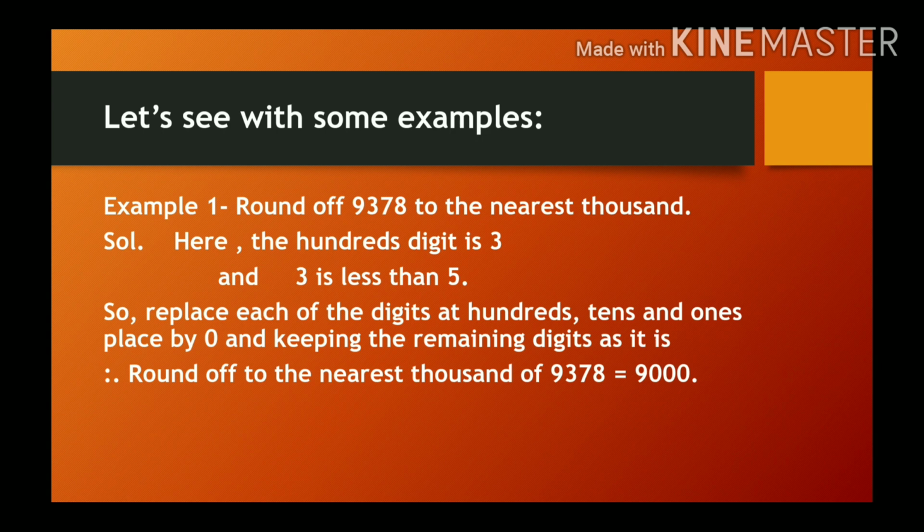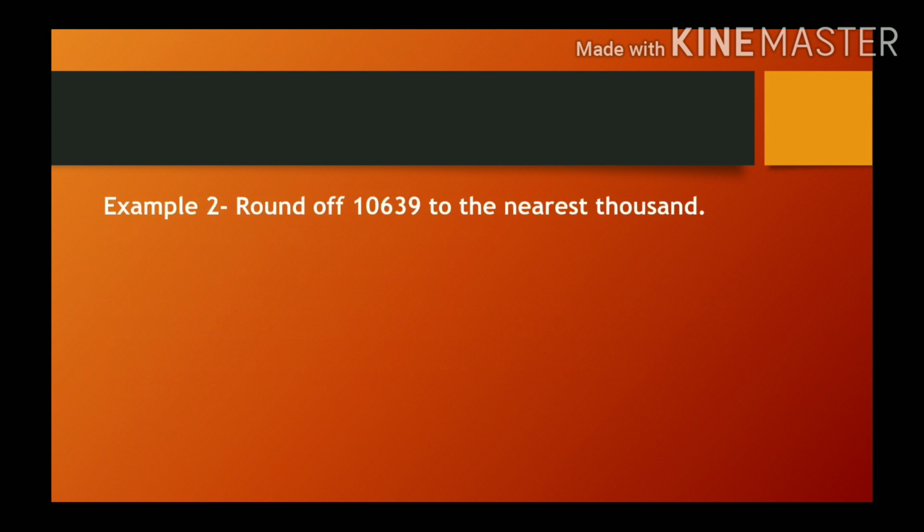Now let's see another example. Example 2. Round off 10,639 to the nearest thousand. Solution. Here the hundreds digit is 6, and we know that 6 is greater than 5.